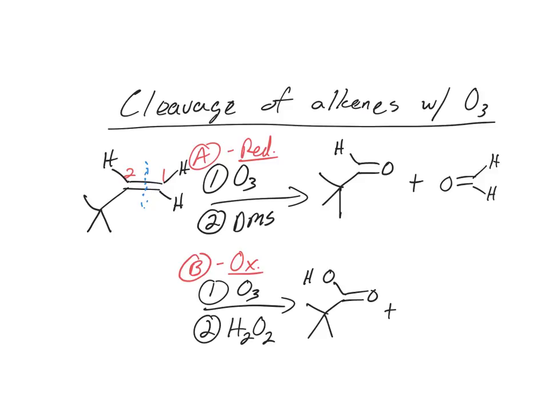In this one, replace those H's with OHs. Carbon 2, carbon 1, carbon 2, carbon 1. Oxidative workup, hydrogen peroxide, H2O2, replace the H's with OHs. Reductive workup, dimethyl sulfide, everything stays the same, you just clip it, you get whatever carbonyls there are.